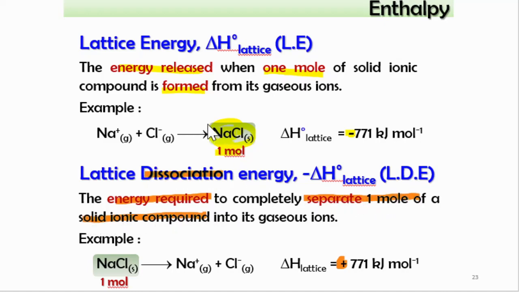Earlier we formed 1 mole of solid ionic compound. Now we want to separate the 1 mole of solid ionic compound, and it will form its gaseous ions. So it will dissociate to form Na+ in gaseous ion and Cl- in gaseous ion. Basically you can see this is the reverse equation of lattice energy.